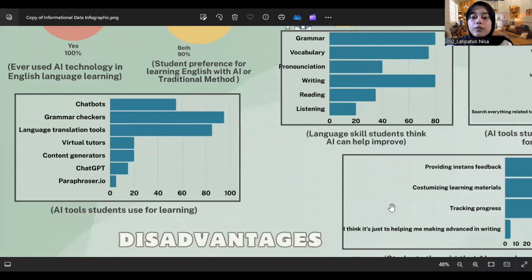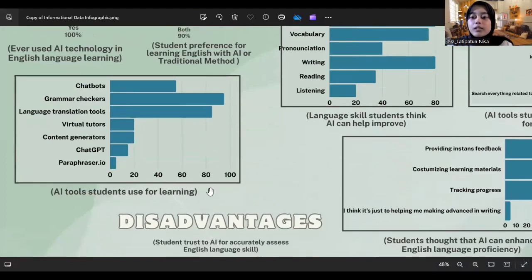And then the next bar chart is the AI tools students use for learning. As you can see here, there are so many AI tools: chatbots, grammar checkers, language translation tools, virtual tutors, content generators, ChatGPT, and paraphraser.io.